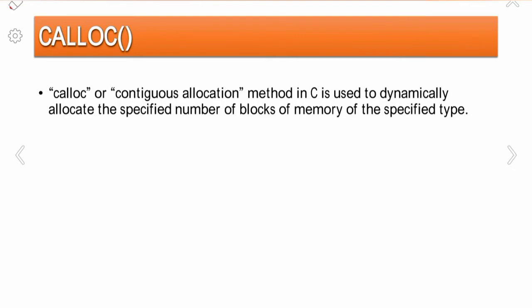calloc is another memory allocation function that is normally used for requesting memory space at runtime. Here we are going to store derived types like arrays and structures. The calloc or contiguous allocation method in C is used to dynamically allocate the specified number of blocks of memory of the specified type.